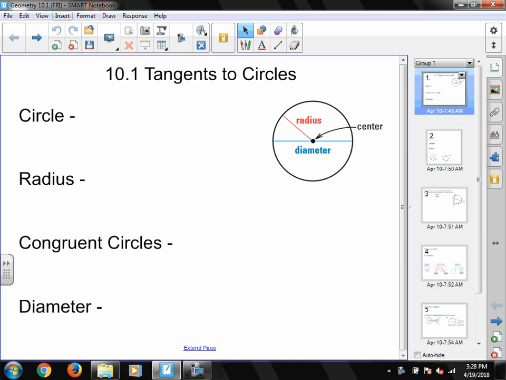So first of all, a circle. You guys probably have some image of what a circle is in your head.